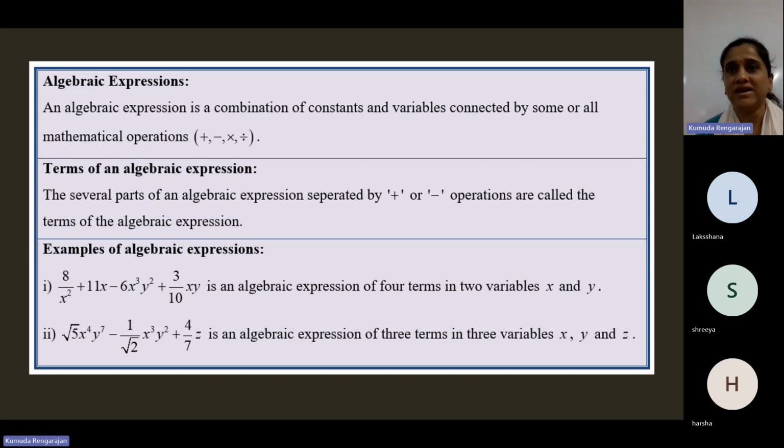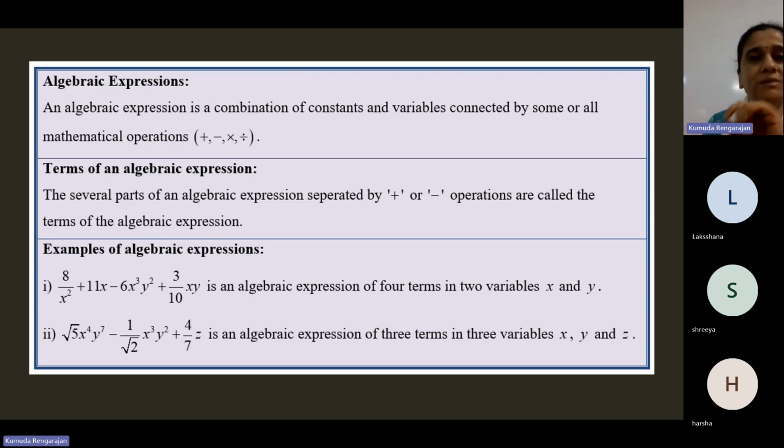So the second term has two variables, x and y. The power of x is 3, whole number. The power of y is 2, whole number. So good. Third term, 4 by 7 z. z is the variable. 4 by 7 is a fraction. See, 4 by 7 is not a whole number, but that is not our concern. We are looking at the power of the variable, nothing else.